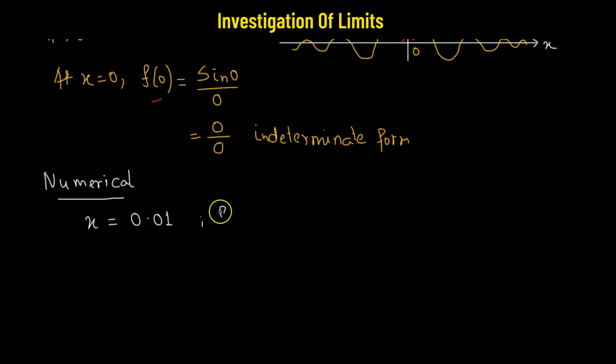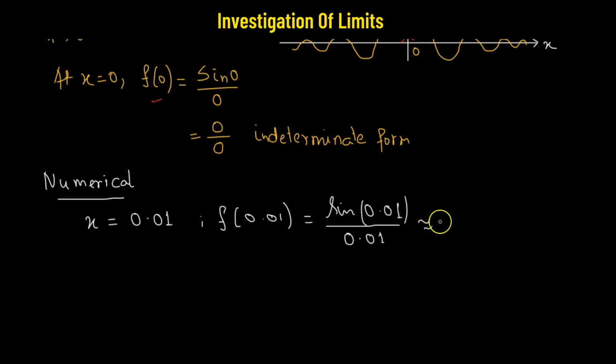So in that case, f of 0.01 will be equal to sine 0.01 divided by 0.01. So this is the value of x and this is sine of x. When we use a calculator, we obtain the value 0.99998 and the 3 is going to repeat. I'm using the bar here. The bar atop 3 means the 3 is repeating.